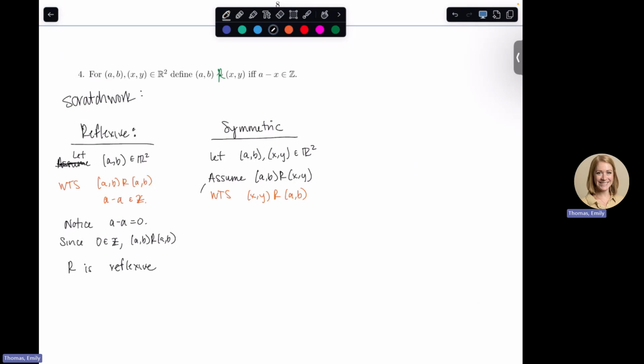Janiyah, what do we know since AB is related to XY? What does that mean we're trying to show here? So basically, A minus X is... you're answering my first question. Answer my second one now. What would this mean?